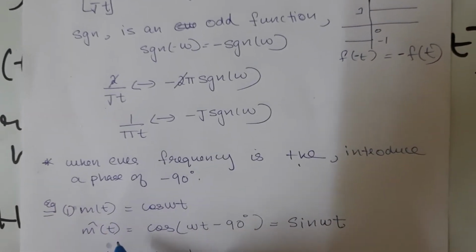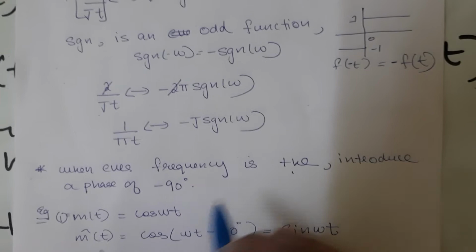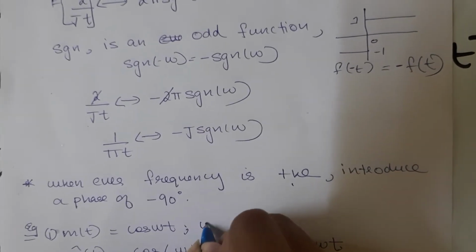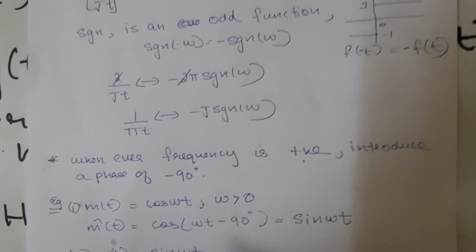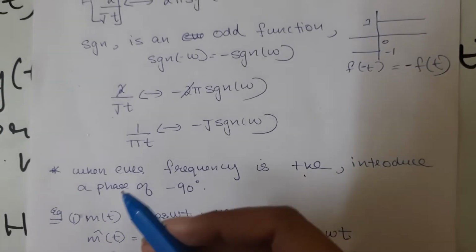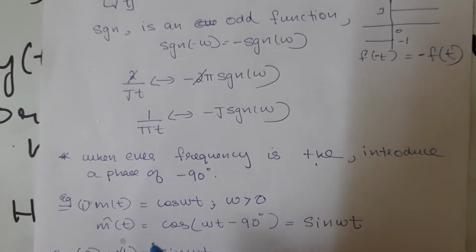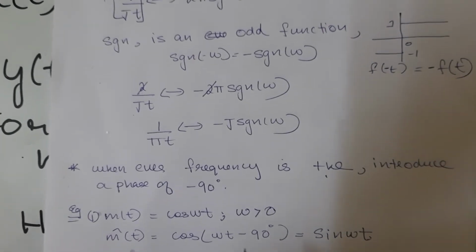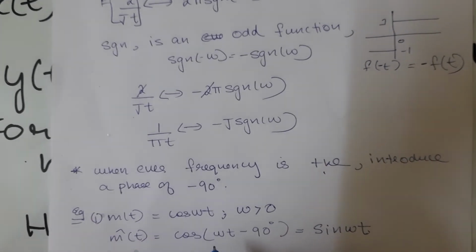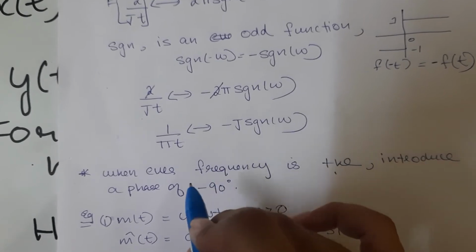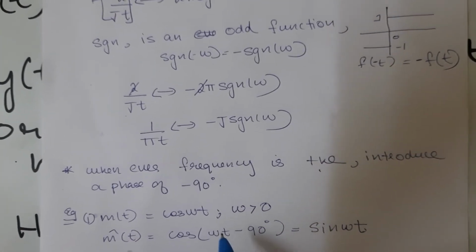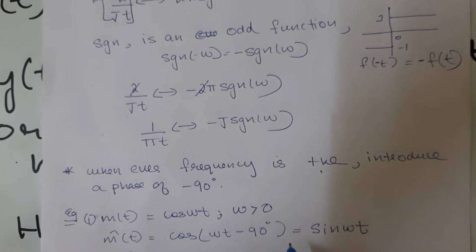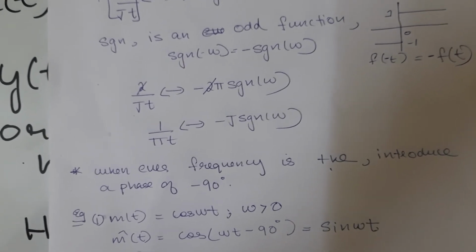For example, m of t is cos omega t and omega is greater than 0. M bar of t, that is nothing but Hilbert transform of m of t, is equal to cos omega t and introduce a phase shift of minus 90. So, cos of omega t minus 90, that is nothing but sin omega t.